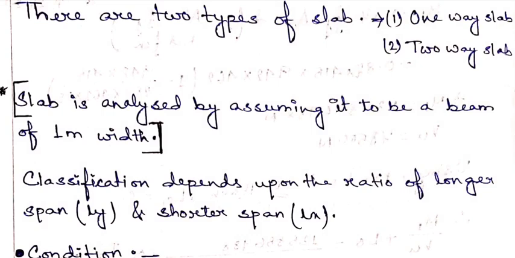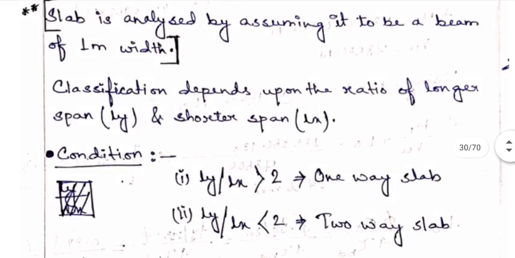This is written in IS code also. Slab is always analyzed by assuming it to be a beam of 1 meter width. So the design procedure of slab is almost like beam, because we have to design it as a 1 meter width beam, that means 1000 mm width beam. So let's start the design.